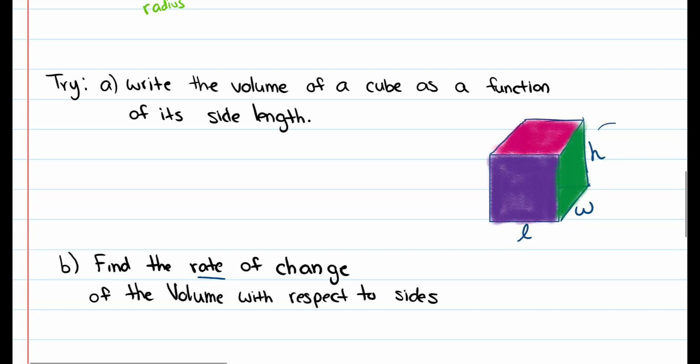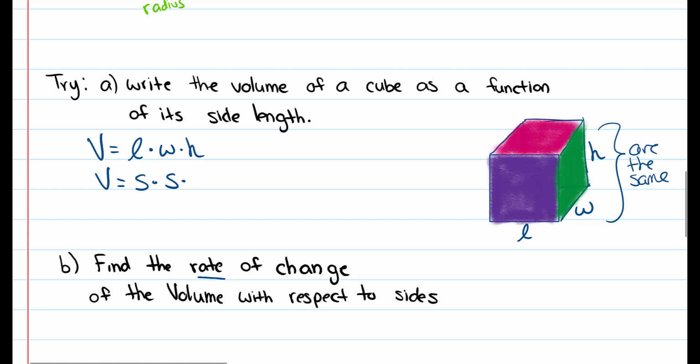But I do want to point out that all of them are the same. So we have that volume is equal to length times width times height. But I'm going to represent that as just side length. So I get volume is s times s times s. So volume is s cubed.